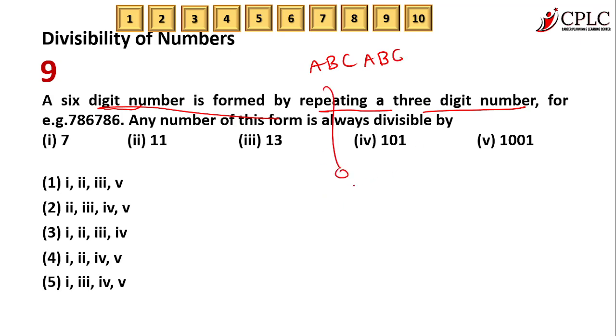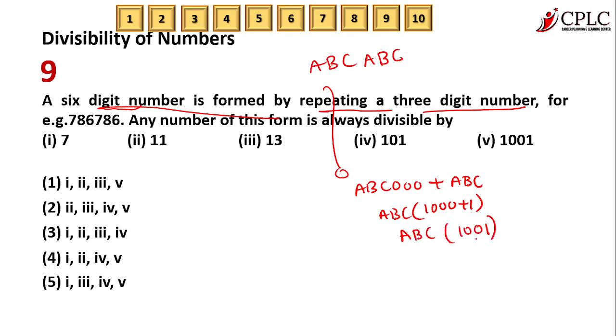Now this ABCABC can be further written as ABC000 plus ABC. Take ABC common, and this becomes 1000 plus 1. Please don't make a mistake saying 000, otherwise it will be 0. So this becomes ABC into 1001, and this 1001 is the multiplication of 7, 11, and 13.